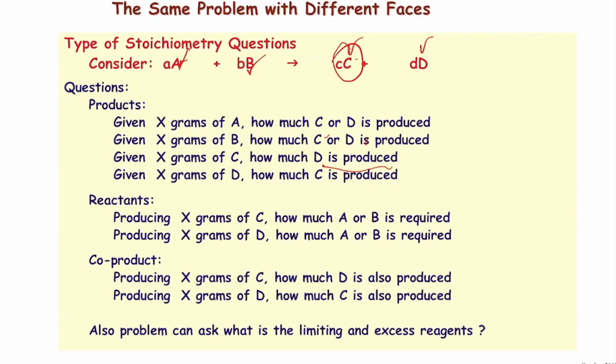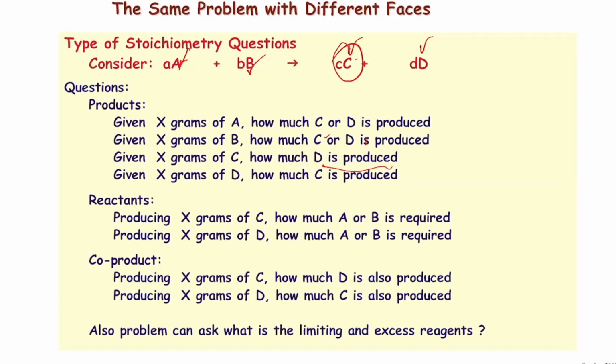It's always those same sequences, always those same steps, but there are so many ways to ask a stoichiometry problem that you get overwhelmed by it. But the skeleton, the setup, is all the same. That's why stoichiometry should not intimidate you, especially if you know how to approach it using dimensional analysis.